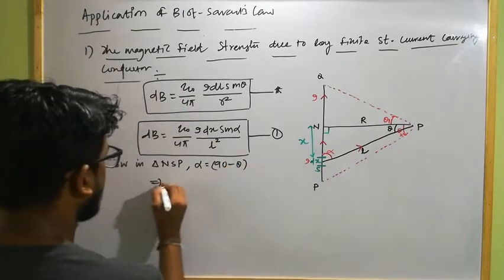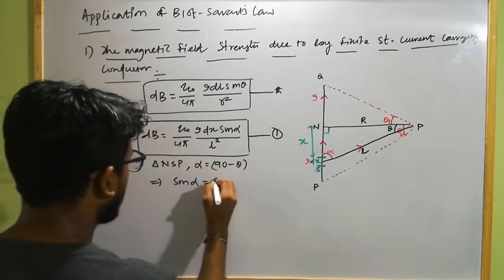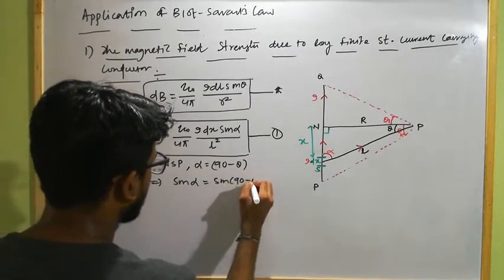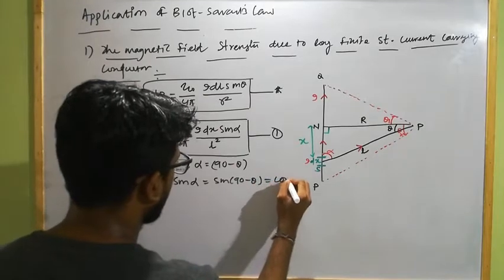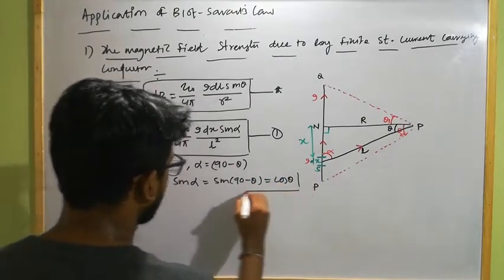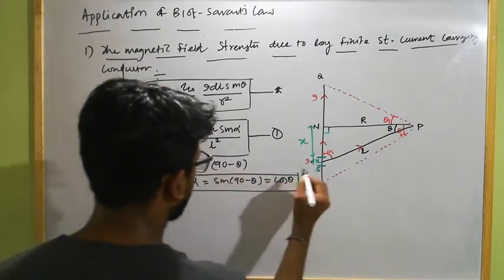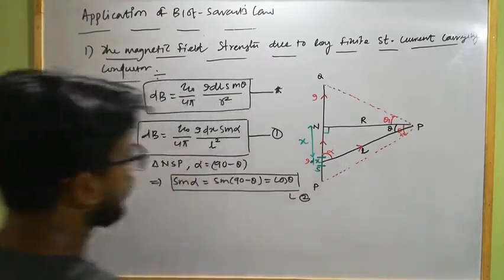So sin alpha will be sin of 90 minus theta, which is equal to cos theta. Clear? The value of sin alpha is cos theta. Let it be equation 2.